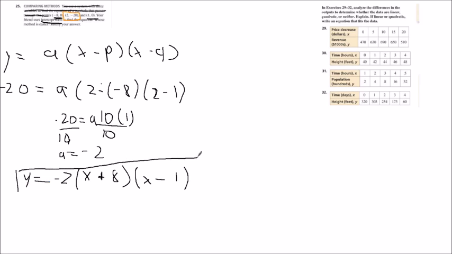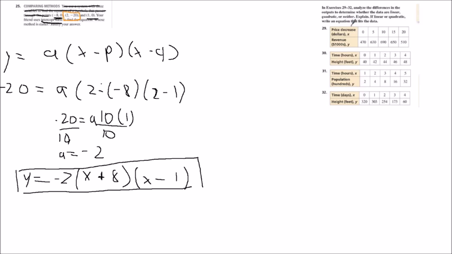Divide by 10 on both sides, a is equal to -2. And then we got our two factors, so x minus -8 is x plus 8, I'm sorry, and x minus 1 is x minus 1, and then add -2 in there, and then put y equals, and that's our equation right there. Y equals -2 times x plus 8 times x minus 1.